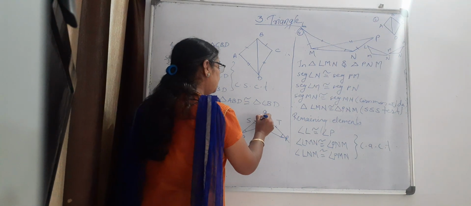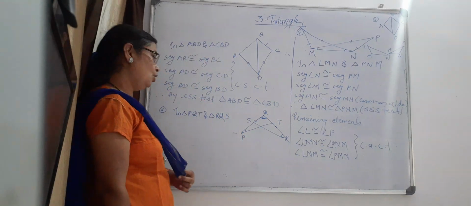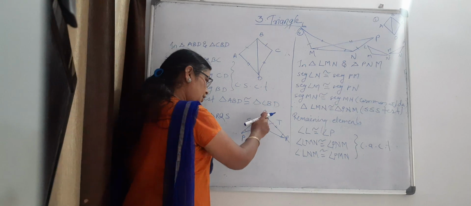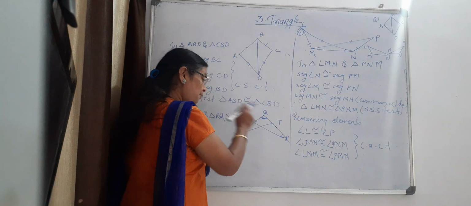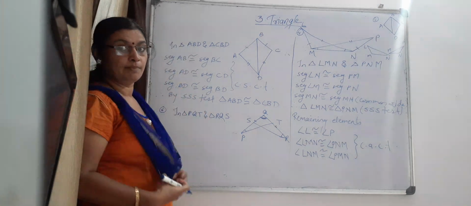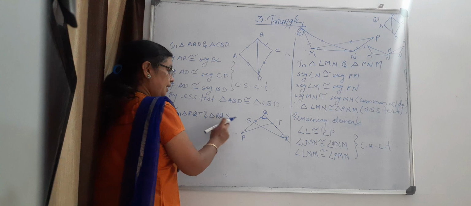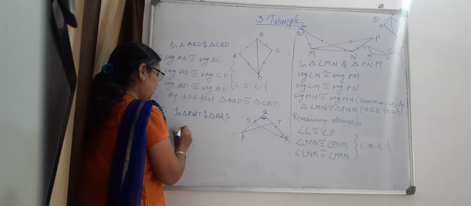Now what is common here? Angle Q is common for both the triangles. So you have to take this. Now see here in the figure, two angles and the middle side are congruent. So which test is applicable? ASA test.